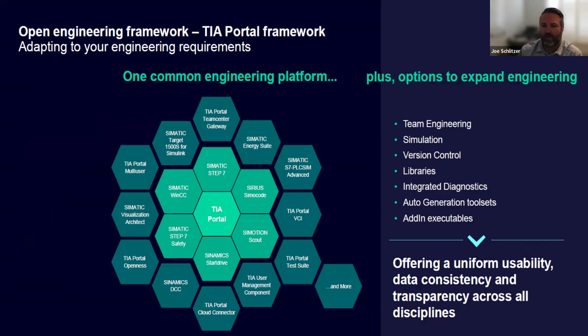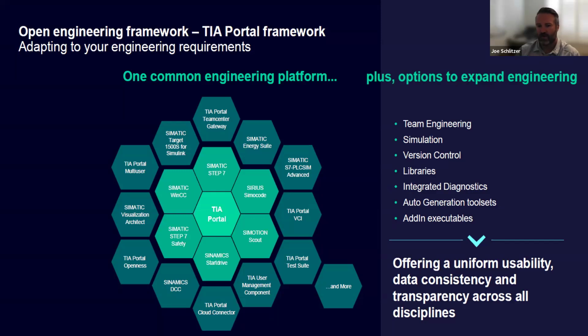The TIA Portal environment has tons of optional packages to expand its functionality. It's continuing to grow and it's more functional every year. And I want to reiterate that TIA Portal is not something that you buy. This is a major confusion point. What you need to know here is what you're looking to do within TIA Portal, and then every functionality of TIA Portal requires its own license.